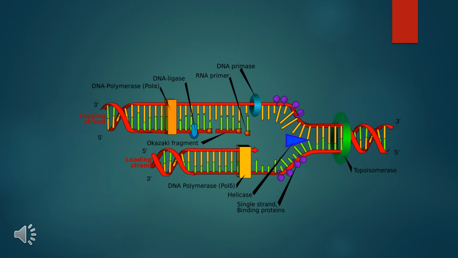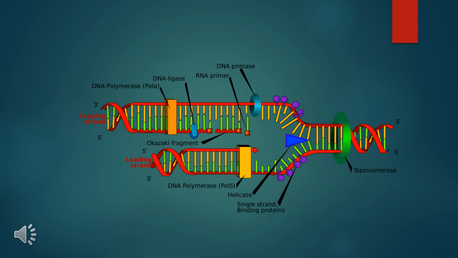One of the templates is read in a 3' to 5' direction, which means that the new strand will be formed in a 5' to 3' direction. This newly formed strand is referred to as the leading strand.